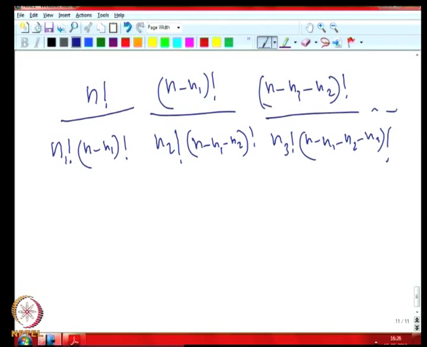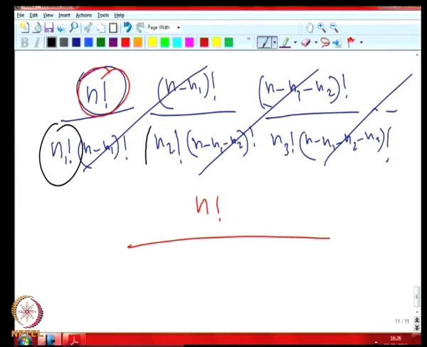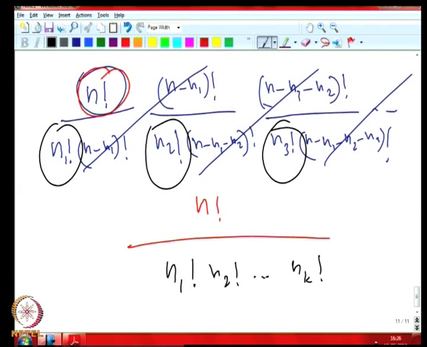This will go on like that, and this will telescope, cancelling like this. Finally, what will remain is n factorial in the numerator, and in the denominator we have n1 factorial, n2 factorial, and so on up to nk factorial. You can just work it out yourself, this is just manipulation.